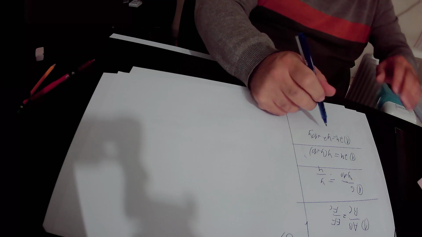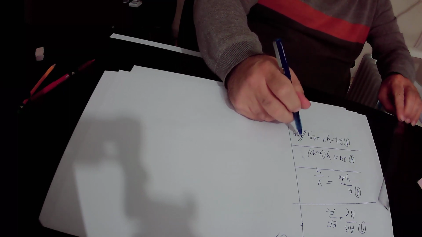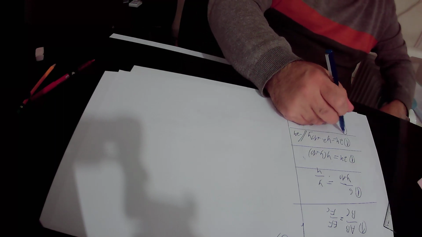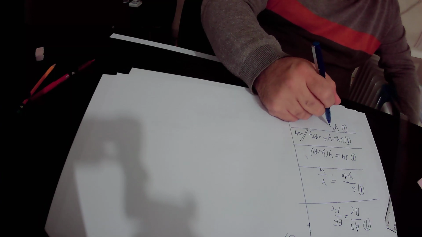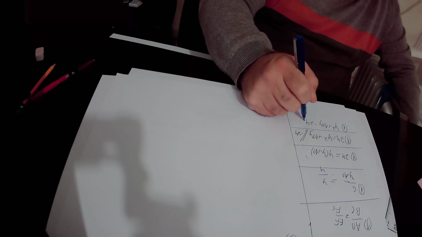We will subtract 24 from equation number 1, and we will get that, according to equation number 1, y squared plus 10y minus 24 equals 0.